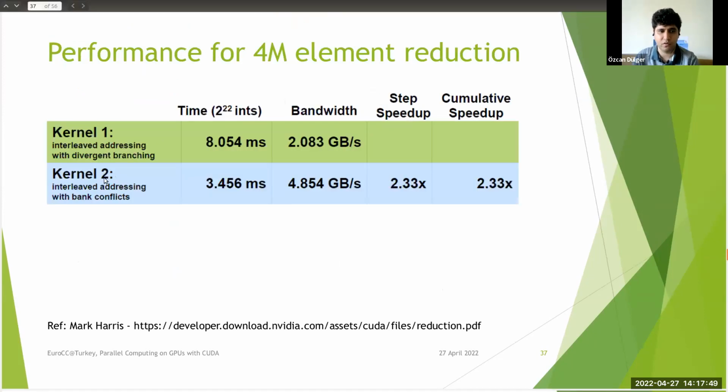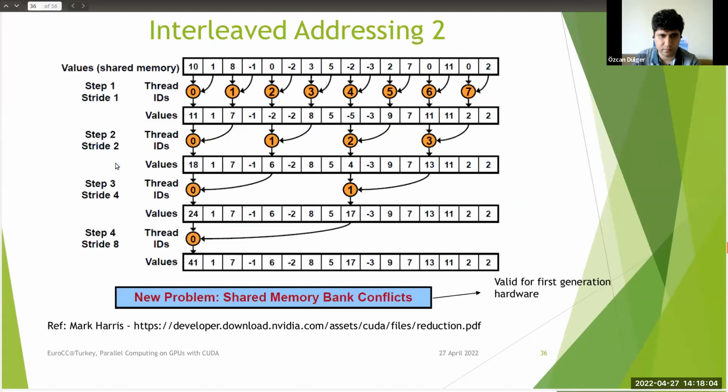The performance of the second kernel is 3.4 milliseconds, and the cumulative speed up is 2.32 in the second kernel.